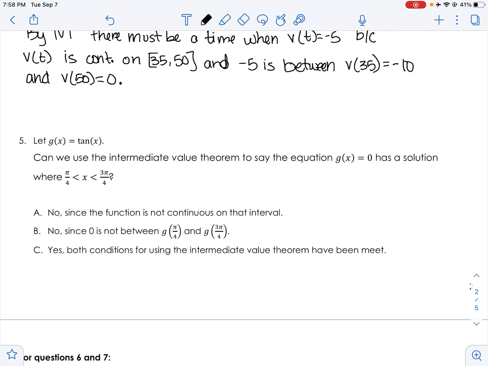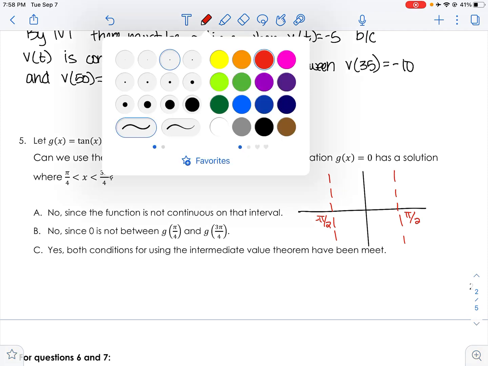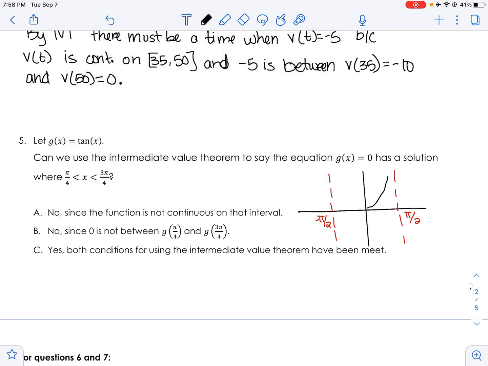Well, what we need to know is the graph of tangent. So the graph of tangent looks something like this. Okay, it has some asymptotes at negative pi over 2 and positive pi over 2. And the function looks something like this.